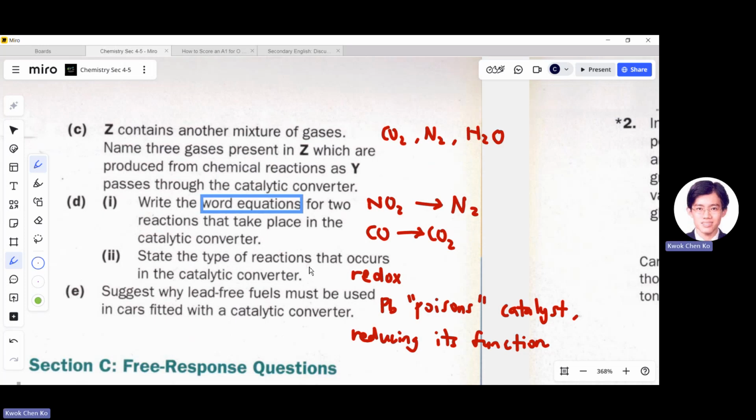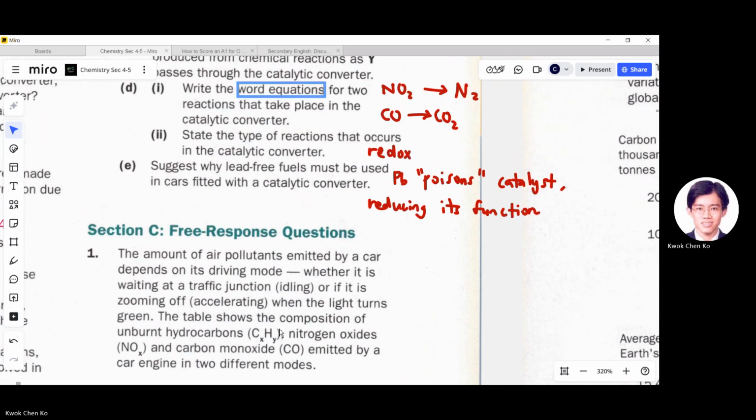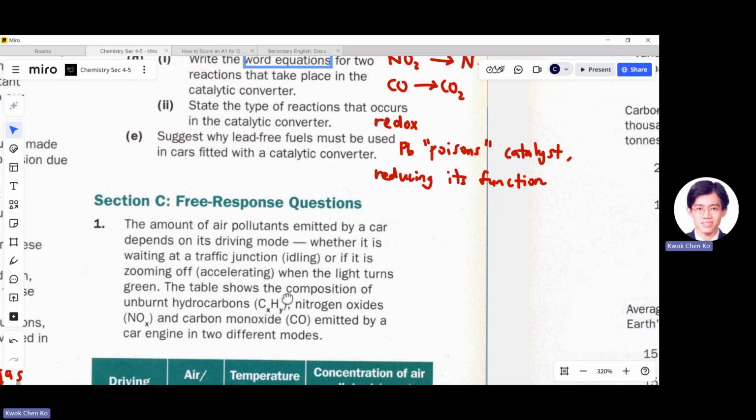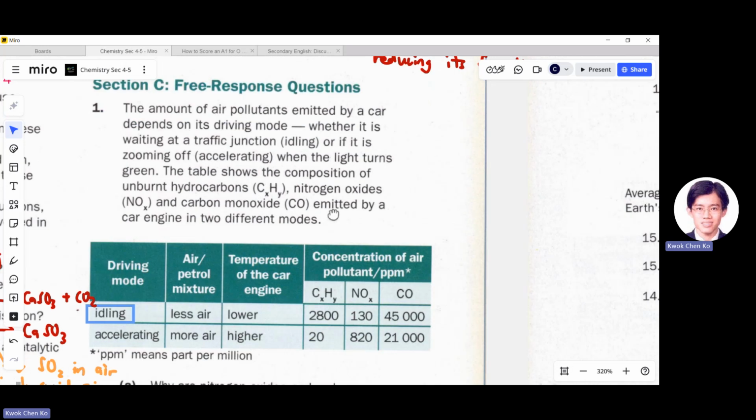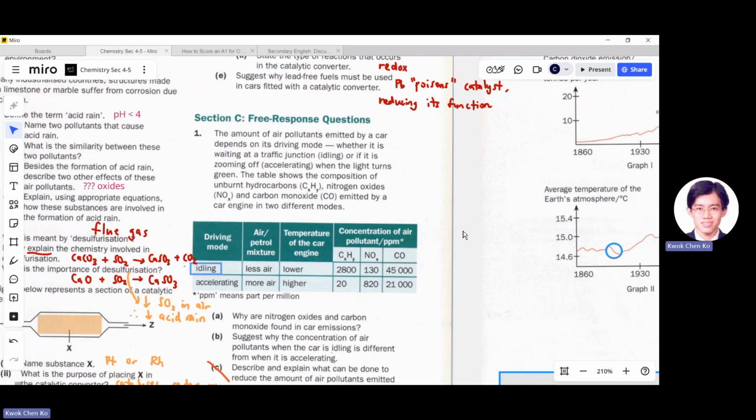Now, of course, if you keep on using lead, eventually the whole catalyst cannot work. Look at section C. This is a very typical kind of free response question expected. And maybe even more than this. The data here is not that much, but if you look through past year papers, some of the data is a lot more than this.